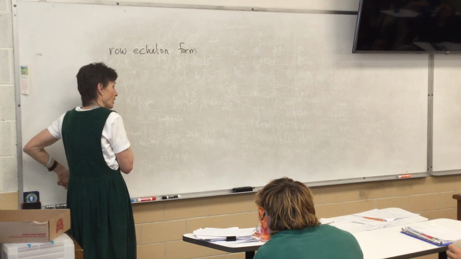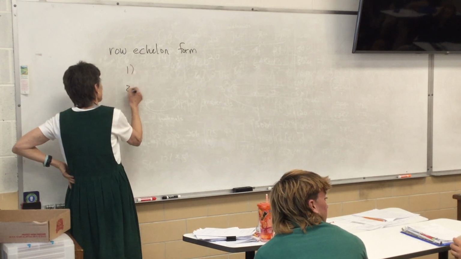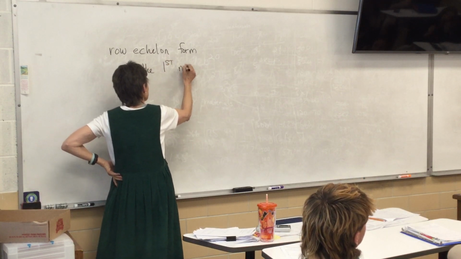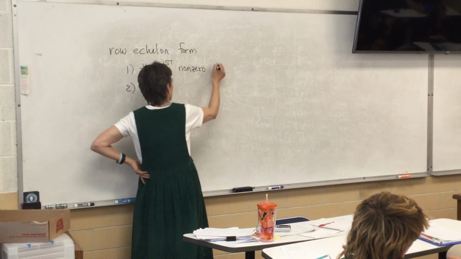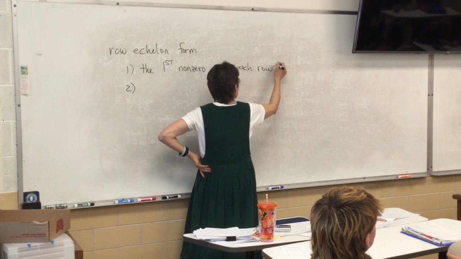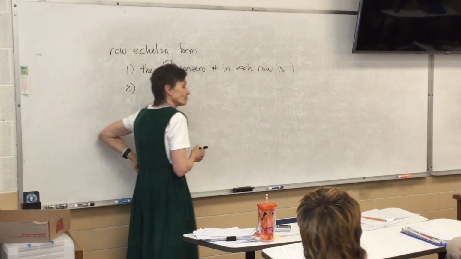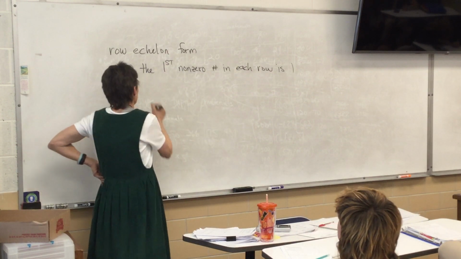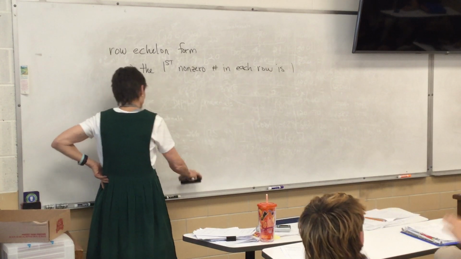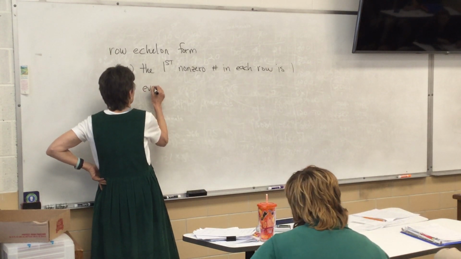What is row echelon form? Row echelon form says the first non-zero number in each row is a 1, and under every entry, under those leading ones, is a 0.